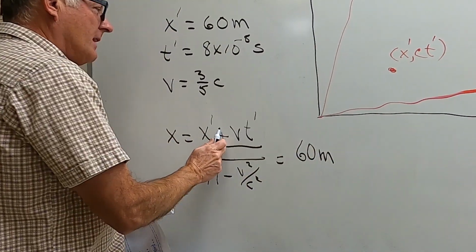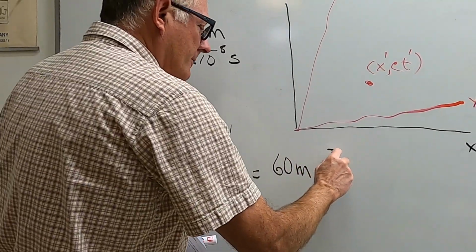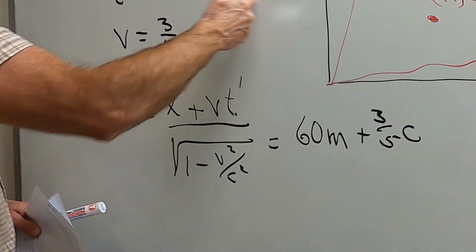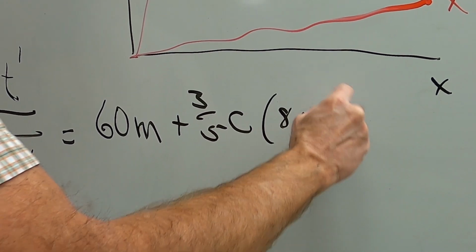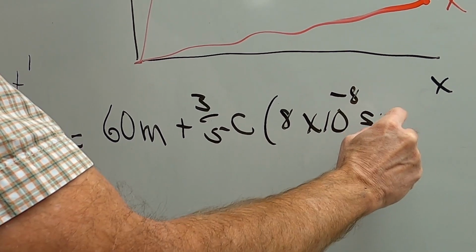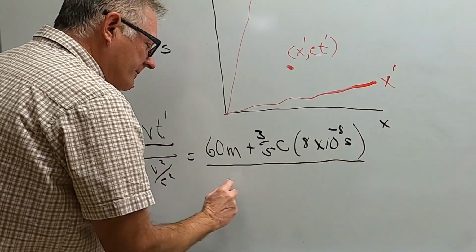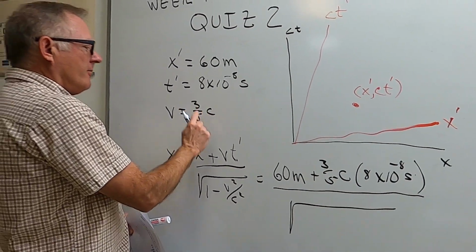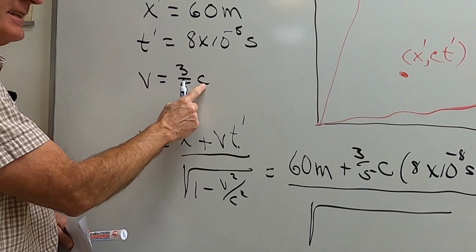X prime is 60 meters plus 3/5 c times t prime, which is 8 times 10 to the minus 8 seconds, divided by the square root of 1 minus v squared, so that's 9/25 c squared.